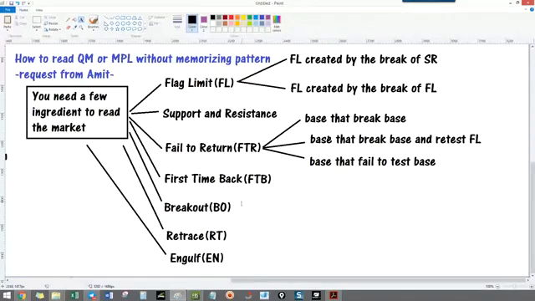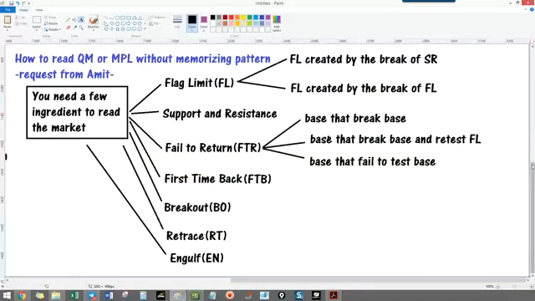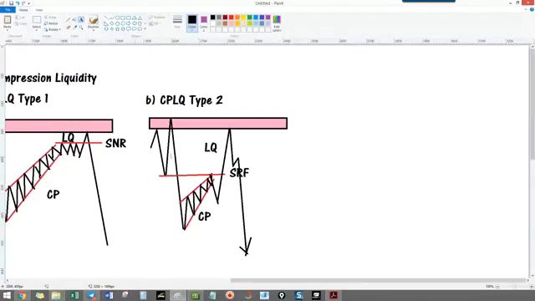First time back is first time back. Breakout is breakout. Retrace is retrace. Engulf is an engulf. Okay, so let's break this thing down. I will draw it here, I think. Oh, it's too small. I think I'll just draw it here.